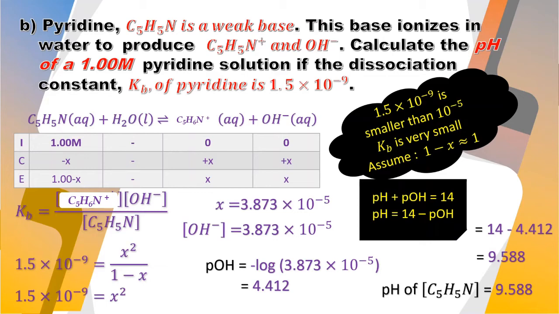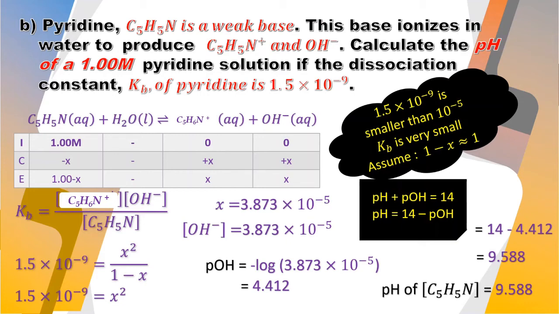It is a reversible reaction. Next we form an ICE table, and we know that Kb equals the concentration of products over the concentration of reactant. So we list C5H5N+ times OH- over C5H5N.